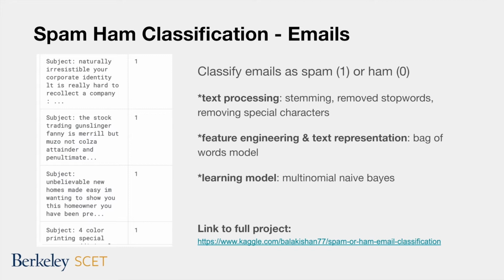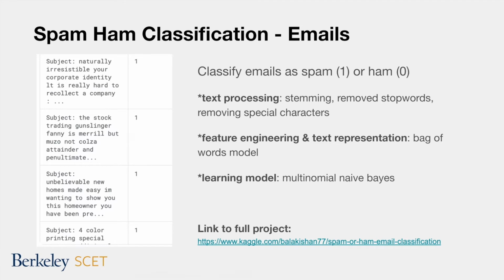First the project goes through text processing, and this is what we learned to do: stemming, removing stop words, removing special characters, in order to increase the accuracy of the prediction when we run the learning model. The specific feature engineering and text representation that this project decided to use was a bag of words model, which we covered, and then they used a learning model of multinomial naive Bayes to categorize it.